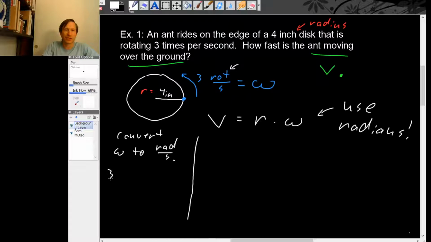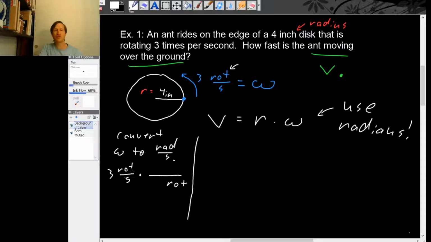Okay, so 3 rotations per second is what we have. Remember, to do a unit conversion, really you just want to multiply by 1, but you want to write 1 in a way that will do the unit conversion. So we want to get rid of the rotation unit. That's in the numerator, so to cancel it, it should be in the denominator of our conversion factor.